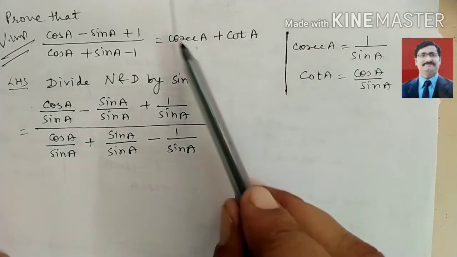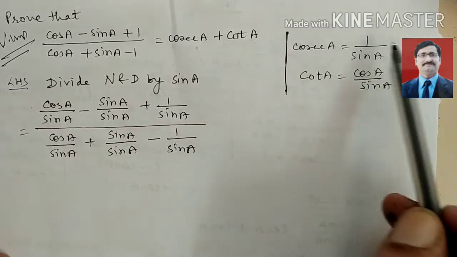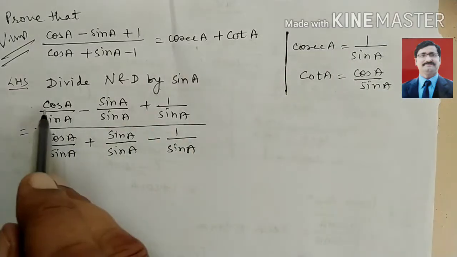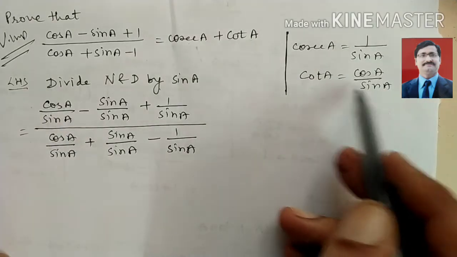Because we change this into cosec and cot A, and we know this formula. So you want sin A in the denominator, so you divide by it. Now cos A upon sin A we know already, that is cot A.